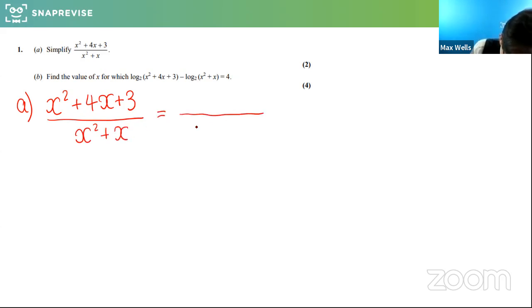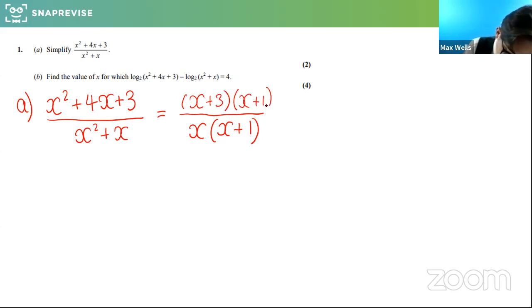The bottom part, the denominator, is hopefully quite straightforward. And the top part, we're looking for two numbers that multiply to make 3 but add to make 4. x plus 3 and x plus 1. There we go. And what we'll notice is that's going to hopefully cancel.